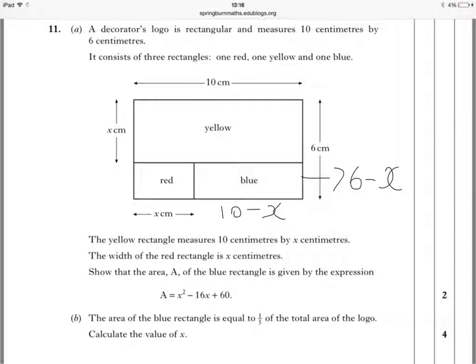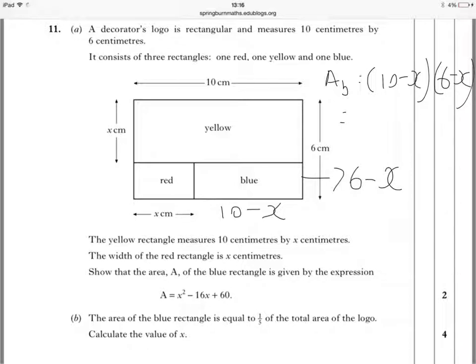Now, to find the area of the blue rectangle, we're thinking about length times breadth. I'm going to write that as A blue, AB, and it's 10 minus x, bracket 6 minus x.